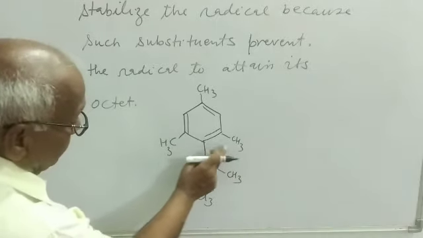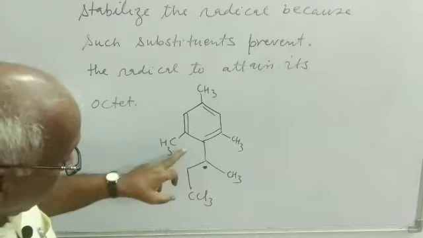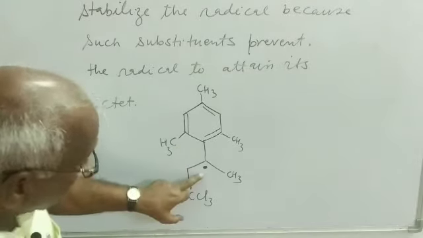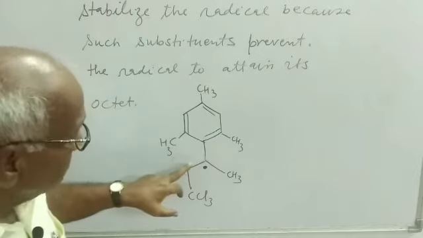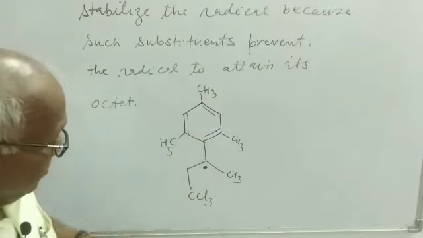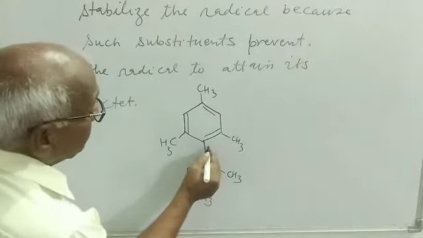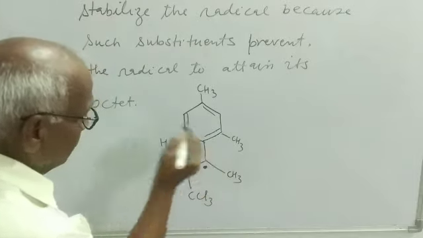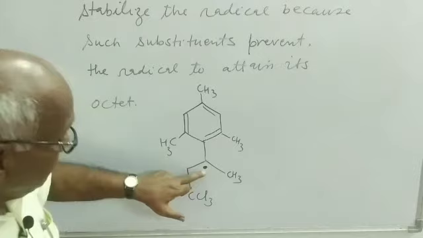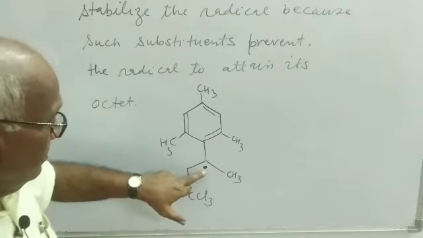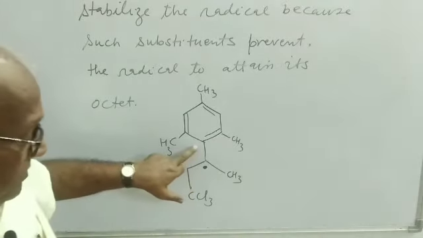The CH3 on the ortho positions prevents this radical from going into the ring and attaining its octet, because when it shifts into the ring, it will complete its octet. But these two ortho substituents prevent this radical from participating in resonance.